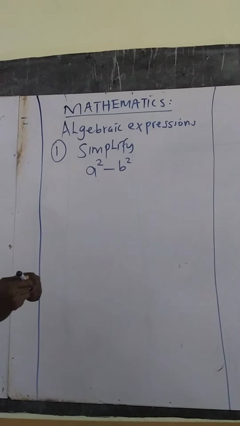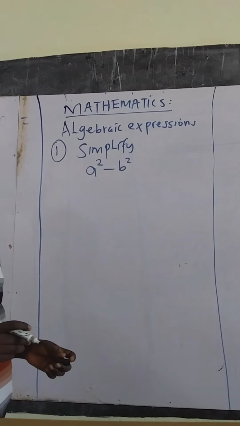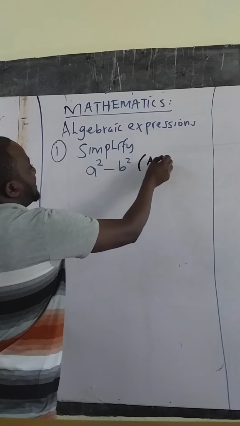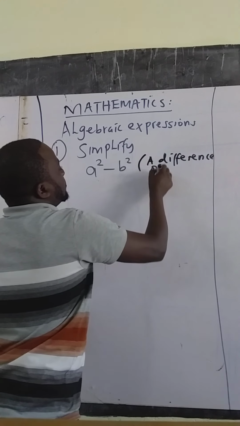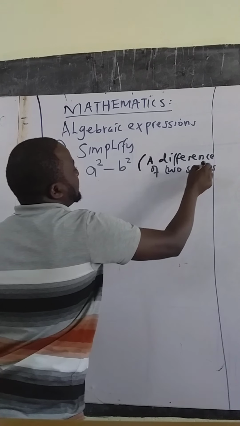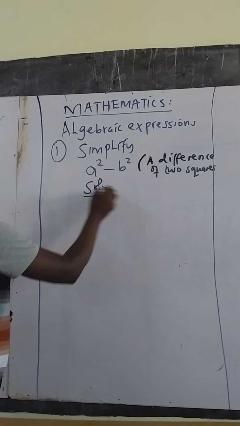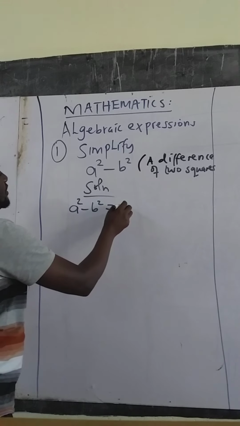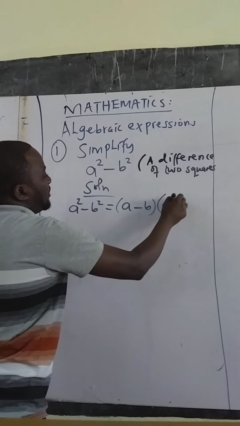If you are told to simplify this one, something should come onto your mind: this is a difference of 2 squares. The solution is that a squared minus b squared is equal to a minus b times a plus b.